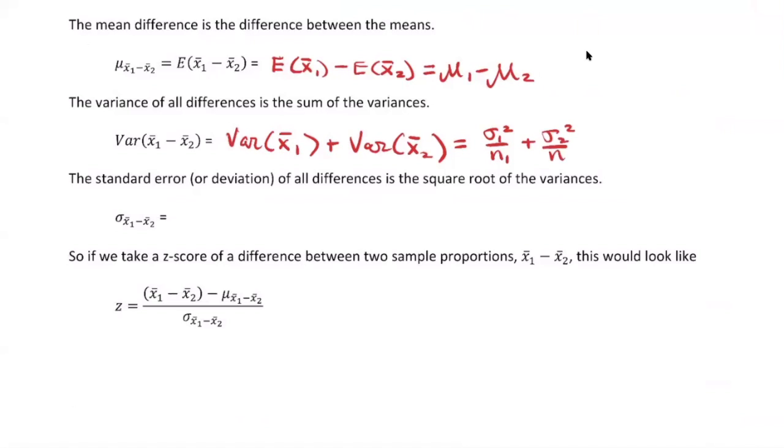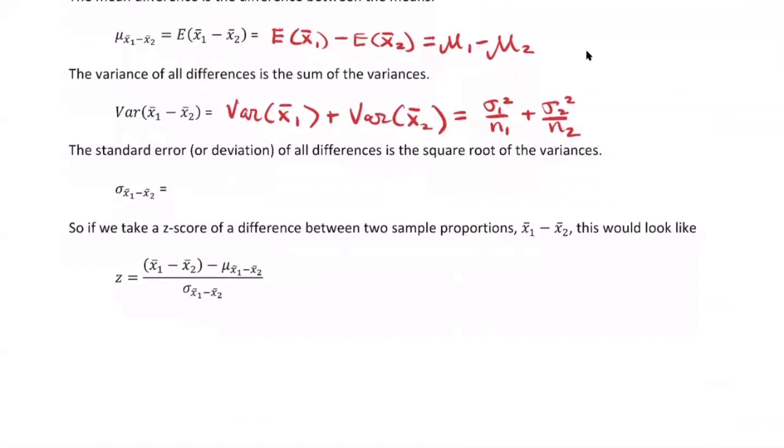The variance of the differences is the sum of the variances. And then standard error is the square root of variance. So we'll just take the square root of sigma 1 squared over n1 plus sigma 2 squared over n2. So that's our new standard error.